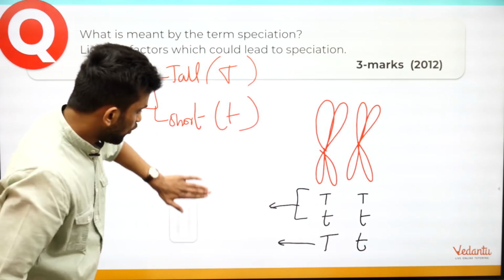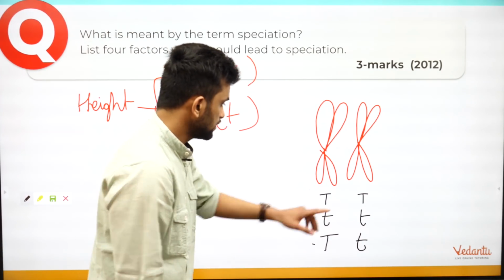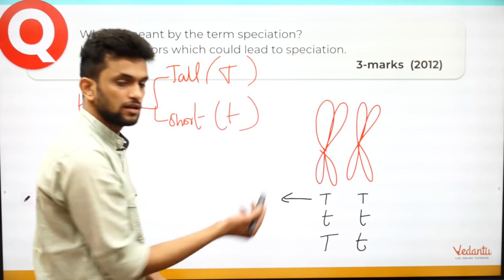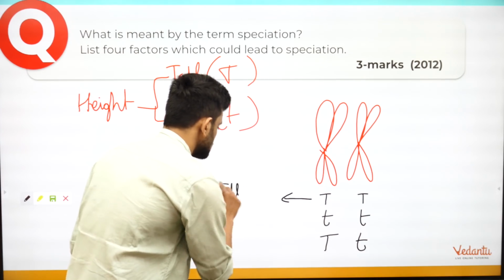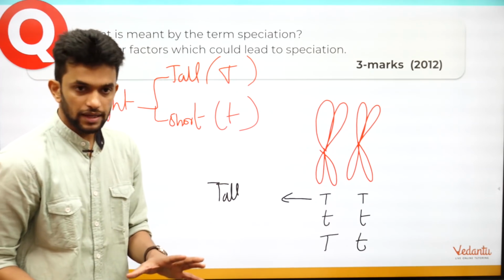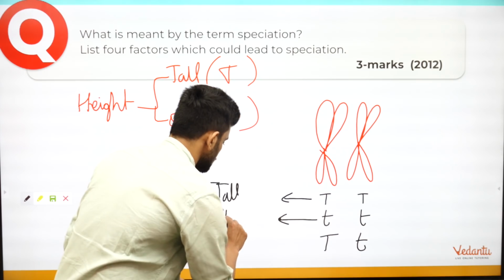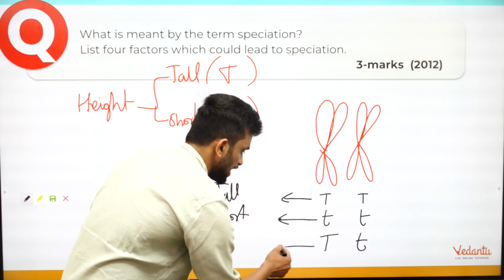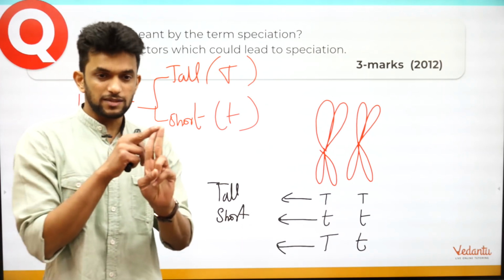Okay, now what happens is, say if both of them are tall, then what character will be expressed? Tallness. Thus offspring will be tall only. When both of them are short, it will be short only. But when one is tall, one is short, both of them could be expressed.